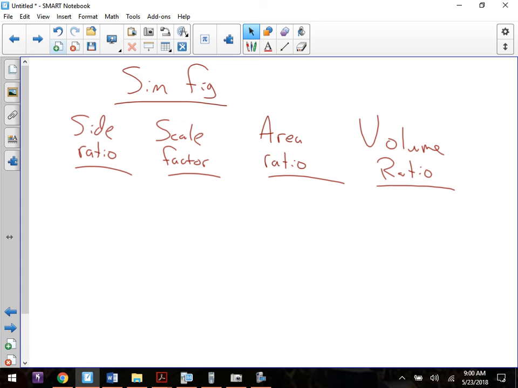If the ratio of the sides was A to B, that meant the scale factor was A to B. That then meant that the area ratio was A squared to B squared, and then the volume was A cubed to B cubed. Okay. So when you're looking at ones like that, you're using that bit of information.